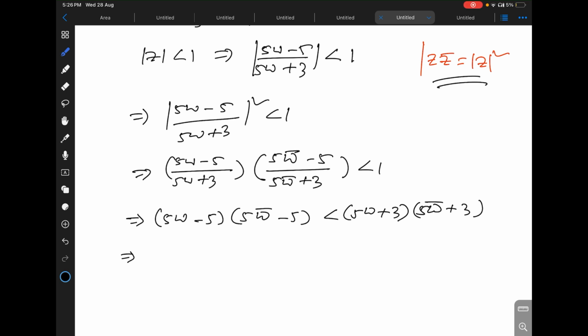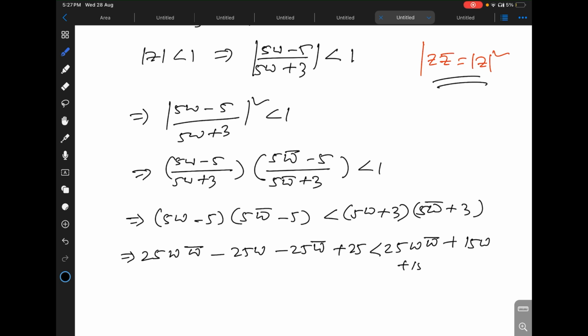now just simple multiplication: 25 omega omega bar minus 25 omega minus 25 omega bar plus 25 is less than 25 omega omega bar plus 15 omega plus 15 omega bar plus 9.